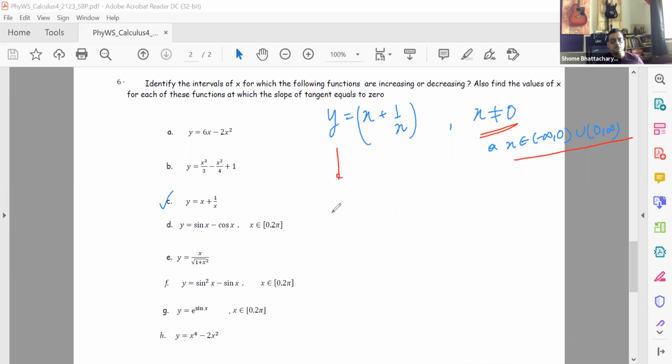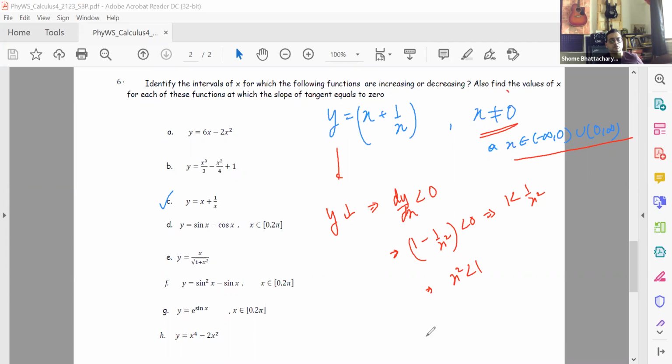Okay, similarly, for y to be decreasing with respect to x, that means the derivative is negative. So remember, we can't include the point 0 here.